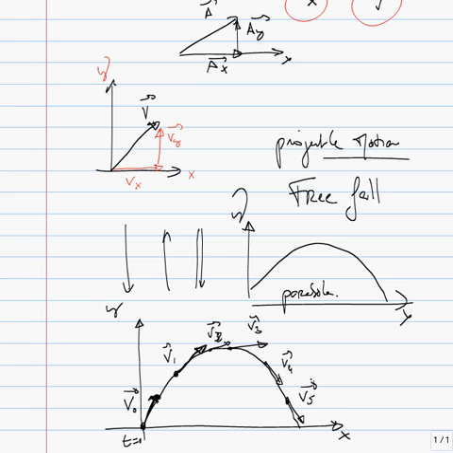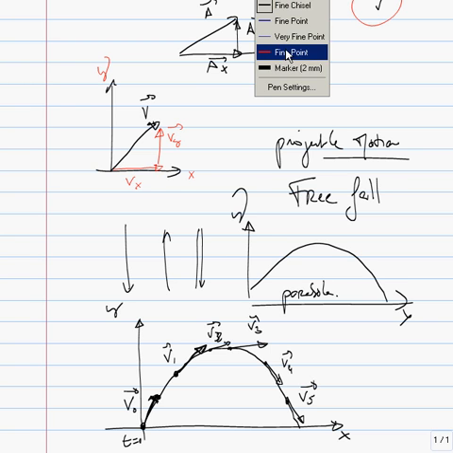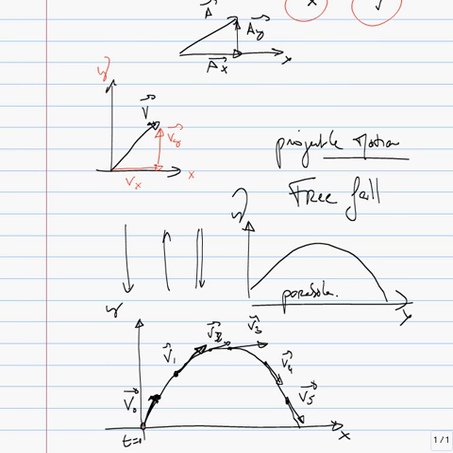Whenever we're trying to explain and model this velocity, at each position we're going to be able to decompose that velocity vector into two components, the x component and the y component.